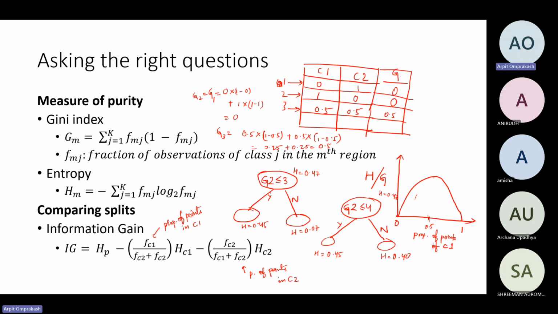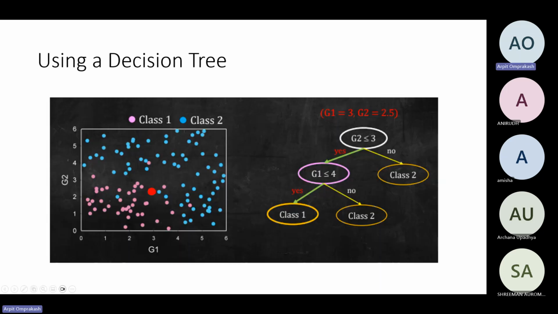So you calculate the information gain here, and you calculate the information gain here. Let's say you find out that the information gain here is higher, so you choose this question. So when you're choosing a question, you tend to maximize the information gain from that question.